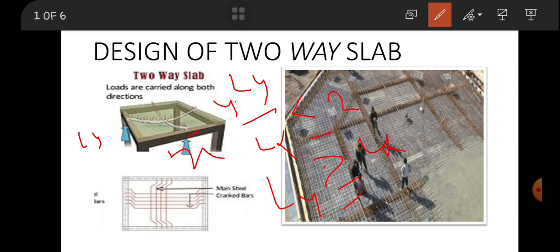So these corners are critical during bending. Therefore we provide torsion reinforcement in these corners so that the slab will not lift at the corner. This type of slab is called restrained slab. As per Indian standard, it specifies two-way slab providing fixity in case of restrained slab. Then the opposite one is unrestrained slab.